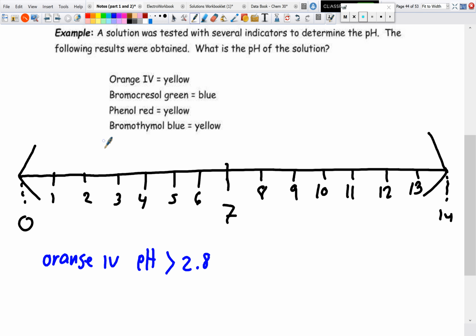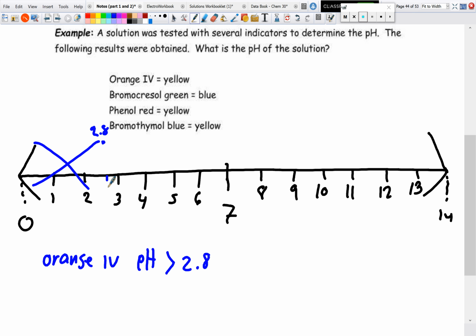So our pH range with our orange 4 right now is basically anywhere between here and above. So this kind of narrows down our orange 4 is everything above here. But we know our pH cannot exist here. So we can scratch out this little area of our pH, right? So if this is 2.8, because that's what it means by pH is greater than 2.8.